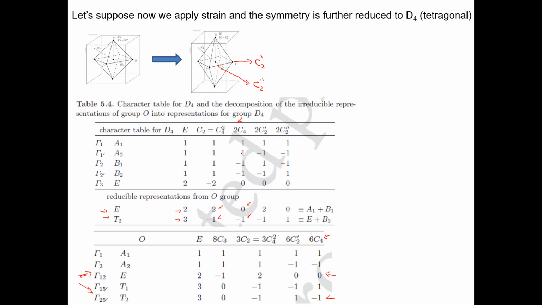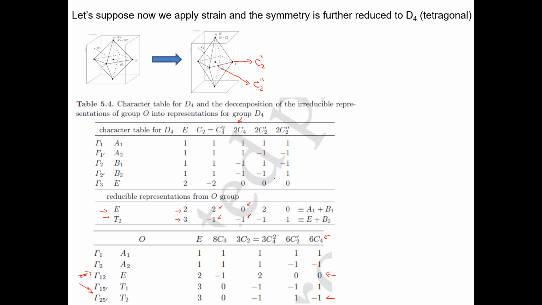The C2 prime, if you think about it, is basically a symmetry operation over one of the main symmetry axes, X, Y, or Z, right? So for the C2 prime, I have to take the character corresponding to the 3C2 class of the O group, which is again 2 and -1.